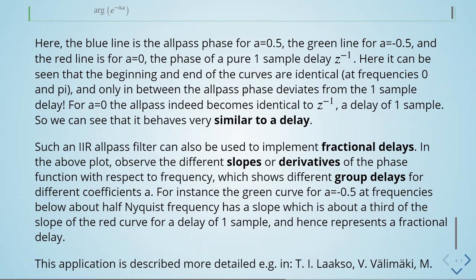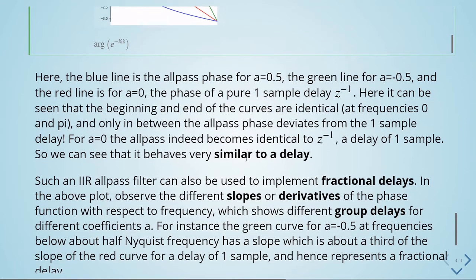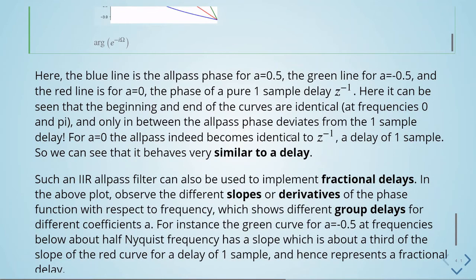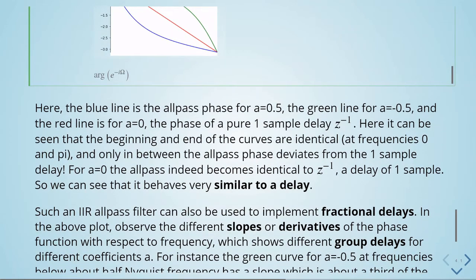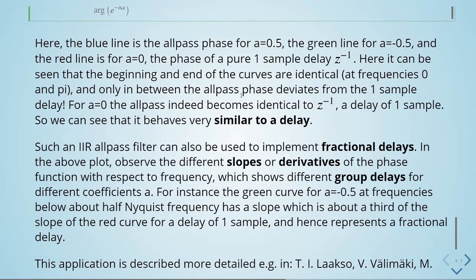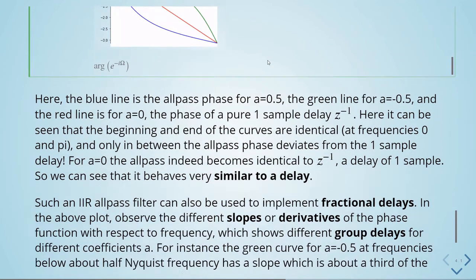And such an IIR allpass can also be used to implement fractional delays. Okay? So in the above plot, we observe that we have different slopes or different derivatives of the phase function with respect to frequency, which shows different group delay for different values of a.